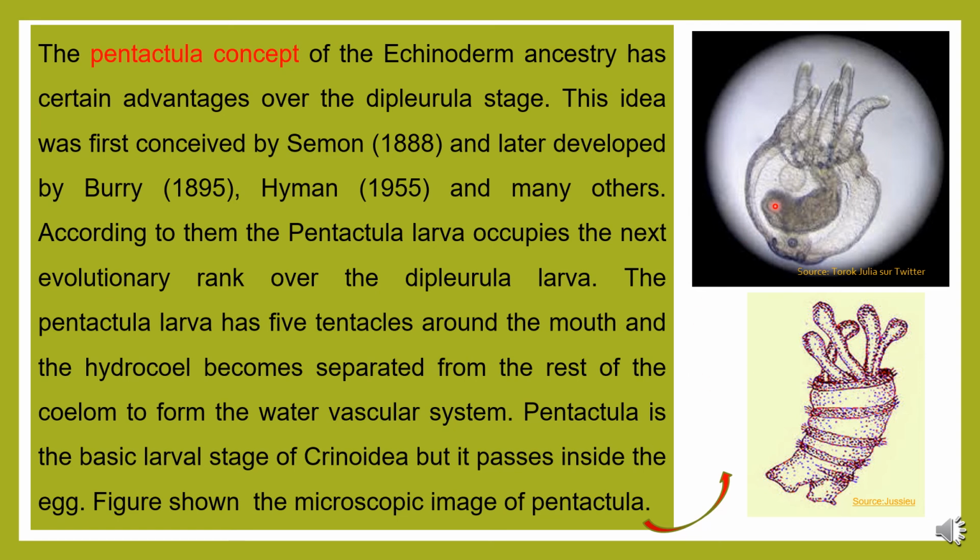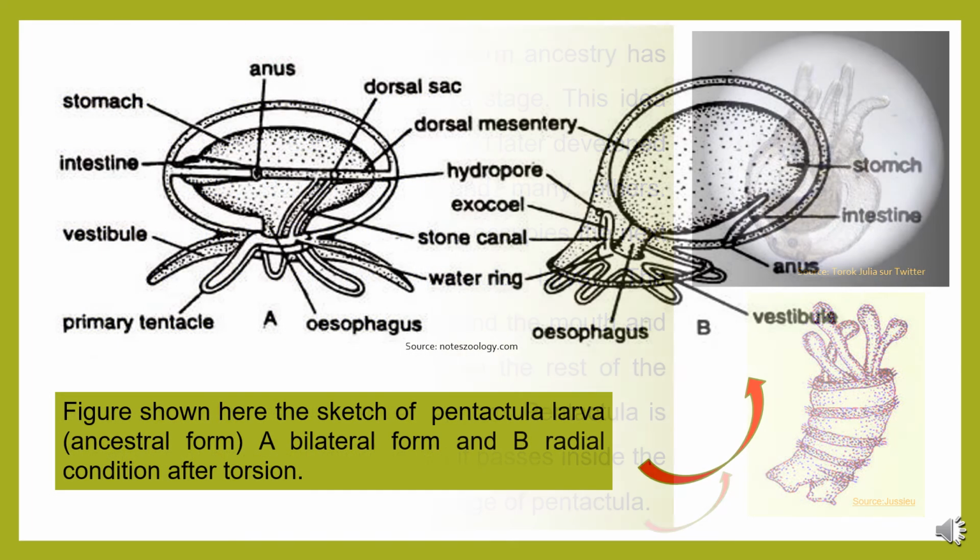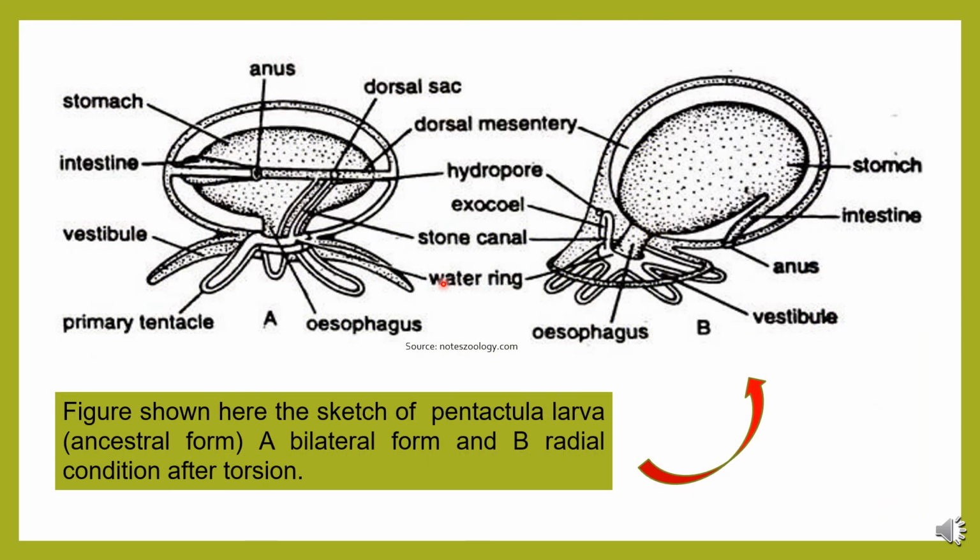Figure shows the microscopic image of Pentactula. Figure shown here, the sketch of Pentactula larva, ancestral form A, bilateral form B, radial condition after torsion.